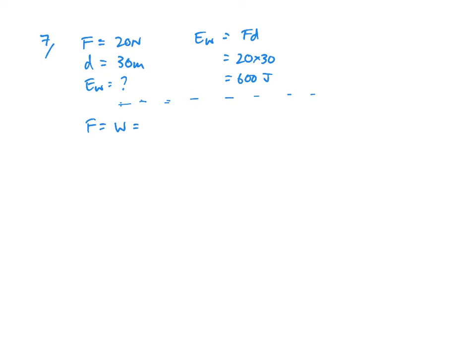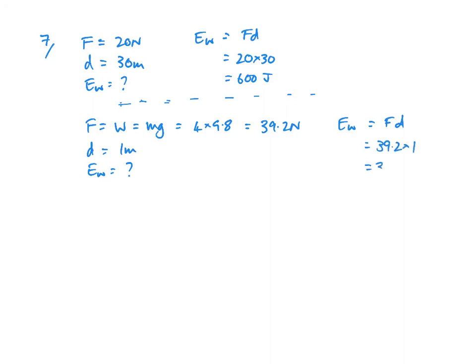And remember, our formula for weight is mg. So in this case, it's 4 times 9.8, which is 39.2 newtons. And the distance is just a vertical distance, it's 1 metre. So once again, we can calculate the work done for this section: 39.2 times 1.